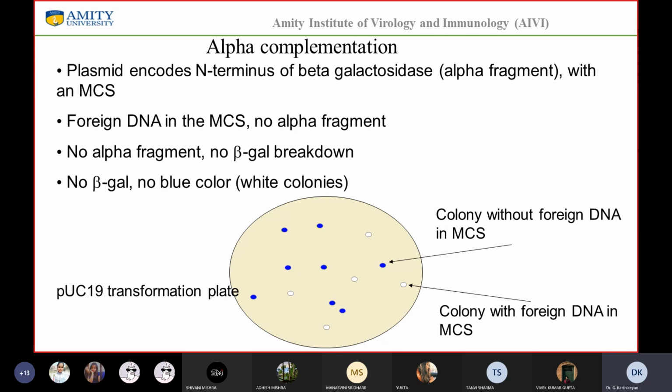It has been shown in typical reactions, we use a ratio of one vector molecule to three of your gene of interest. So 3 to 5 times excess of the gene of interest is added. When that happens, you will typically create a lot of recombinant DNA molecules only.